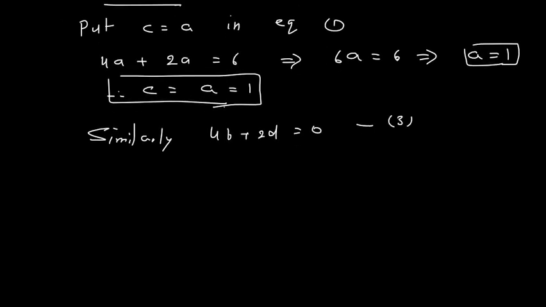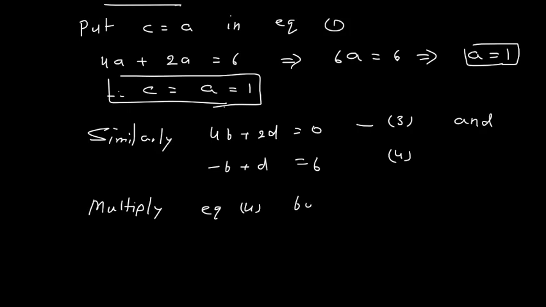So what we do, let us multiply equation 4 by 2 and then combine it with equation 3. So first multiply by 2. So this is minus 2b plus 2d is equal to 12. This is my equation 5.